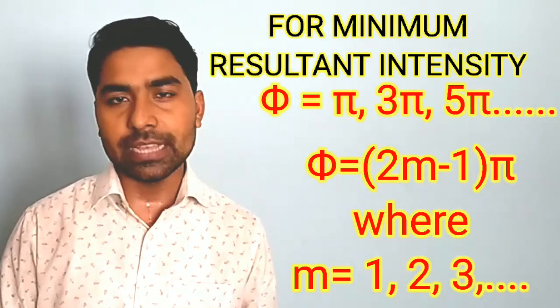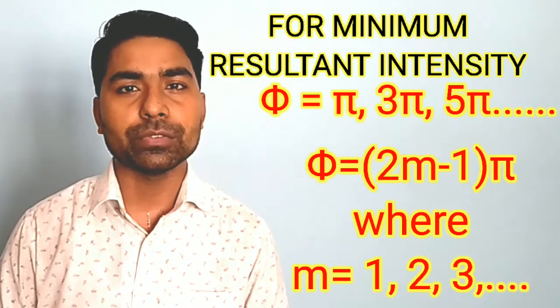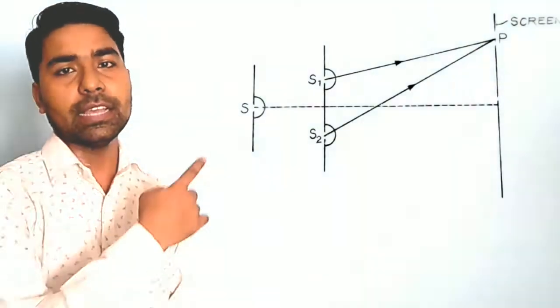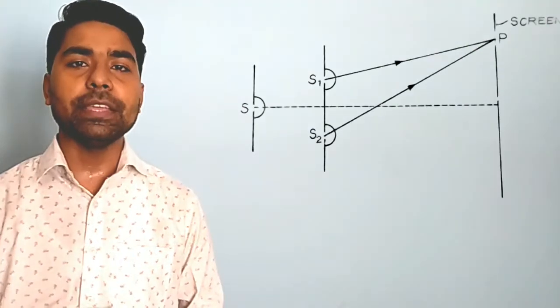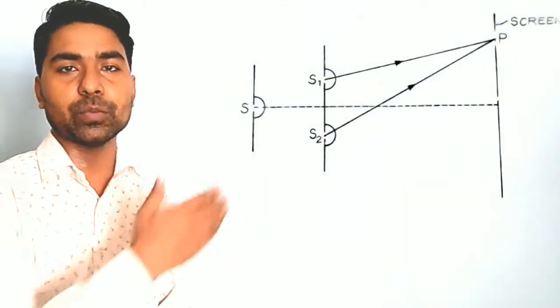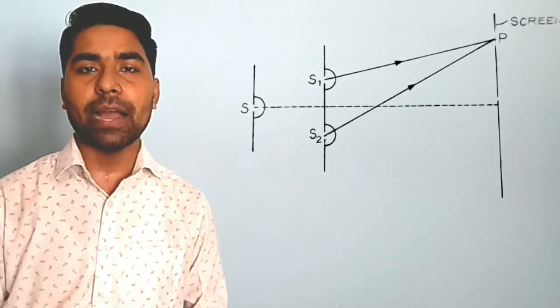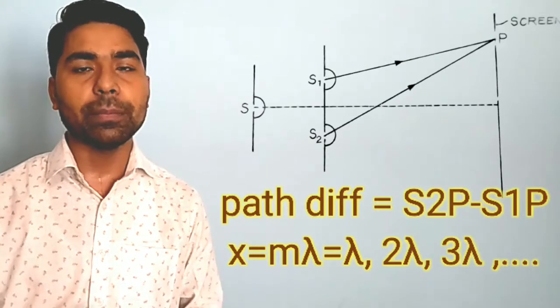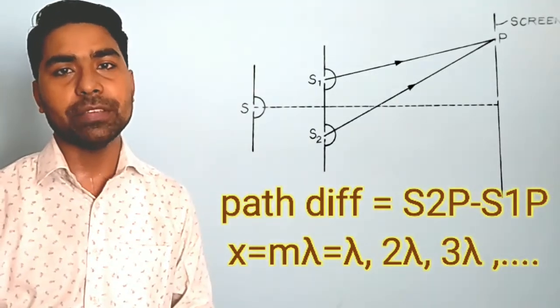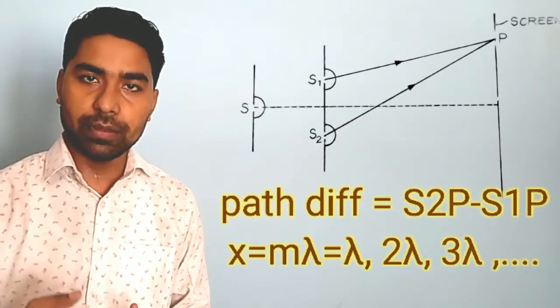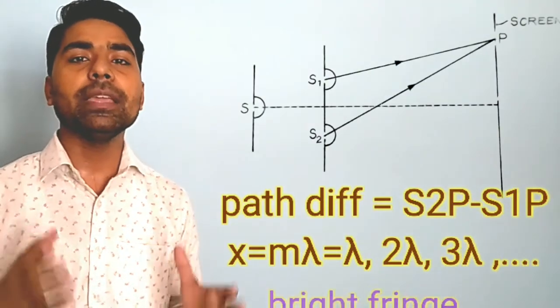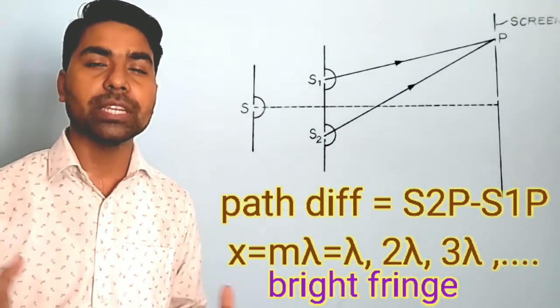In the same way, there is an equation for the path difference also. If two waves are meeting at any point, as you can see here, at point P, and this point P has a path difference, the difference of S2P and S1P, of x equal to m lambda, where m is 1, 2, 3, 4 and so on, that is, the path difference is lambda, 2 lambda, 3 lambda and so on, then at point P there will be maximum intensity, meaning constructive interference.